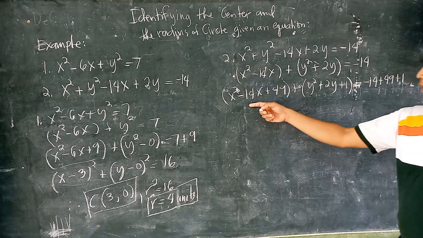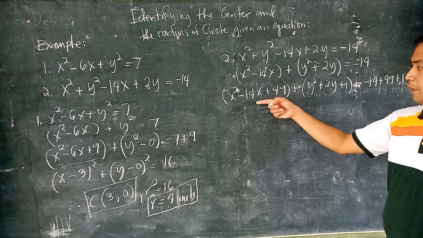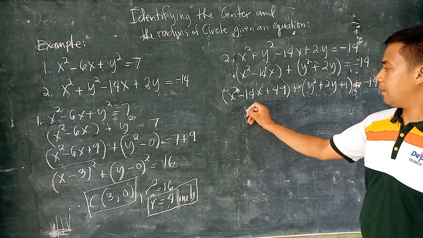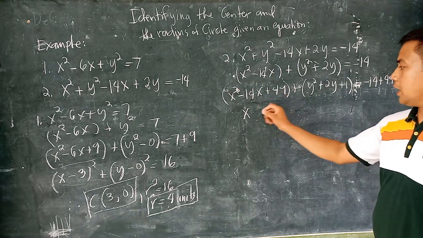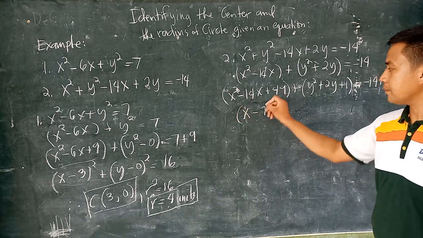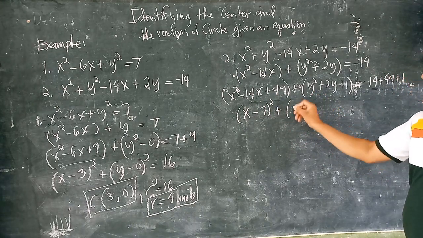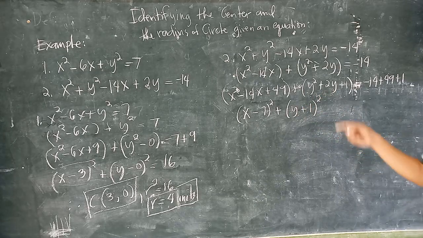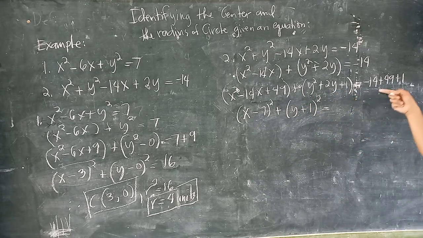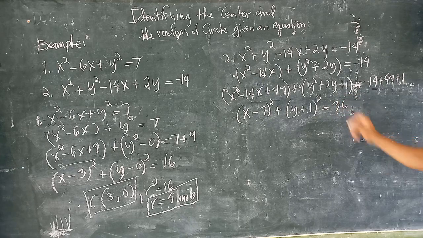Next, we give the perfect factor of these binomials. We have (x minus 7) squared, since negative 14 halved is negative 7, plus (y plus 1) squared. On the constant side, 49 plus 1 is 50, minus 14 is 36.